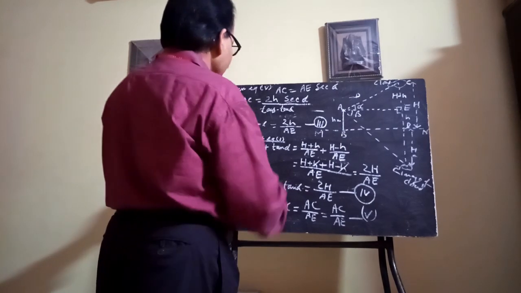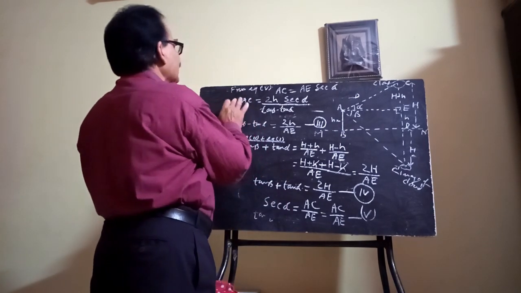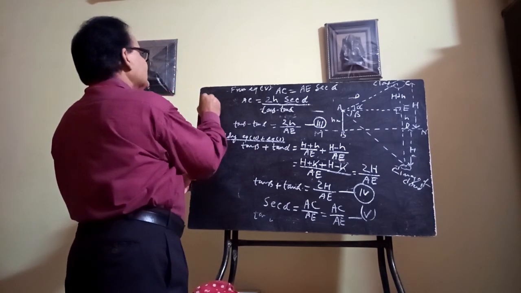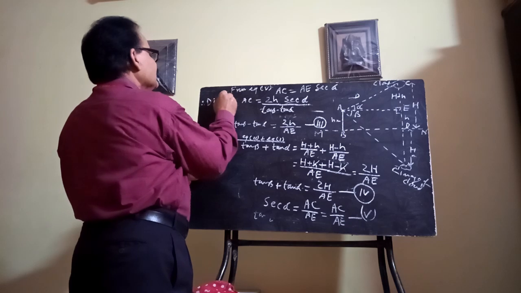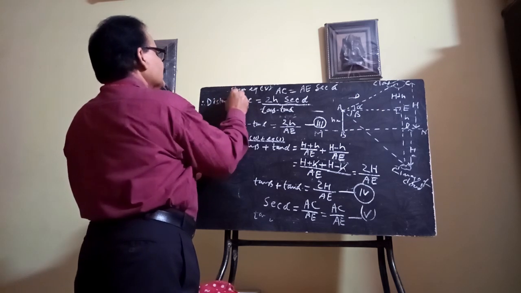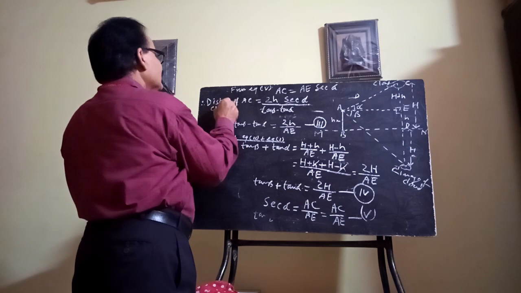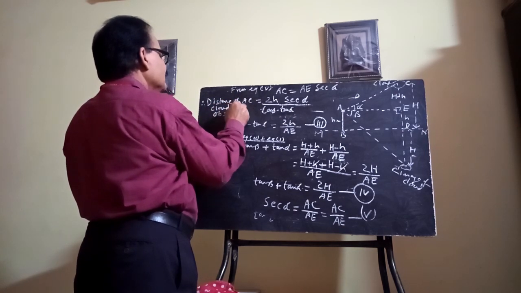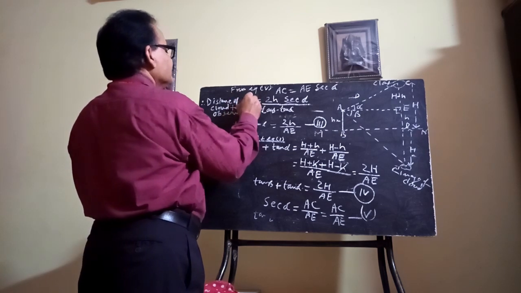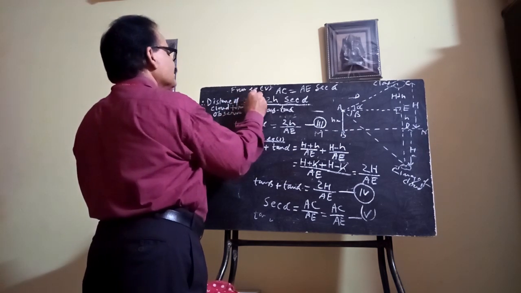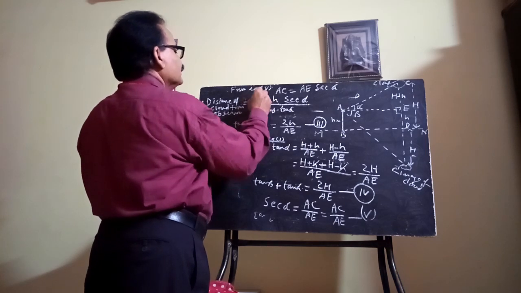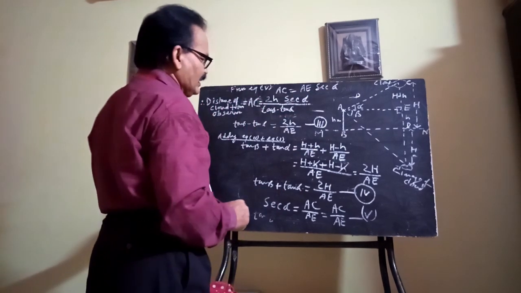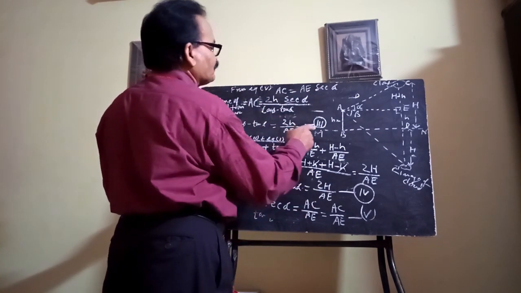So here AC is the distance of the cloud from the observer. Therefore the distance of the cloud from the observer is AC, which is equal to AE into sec alpha, and the value of AE you have got from equation 3.